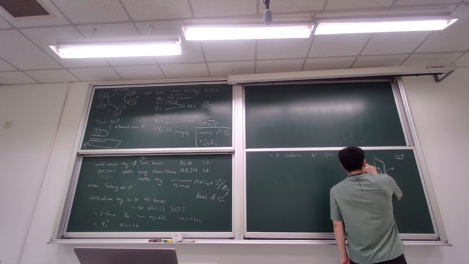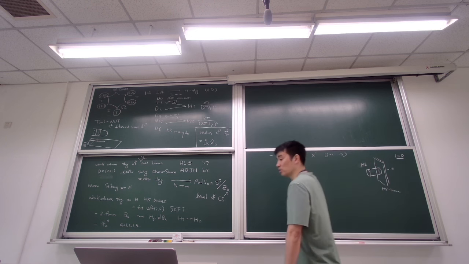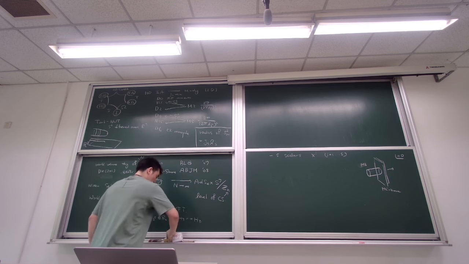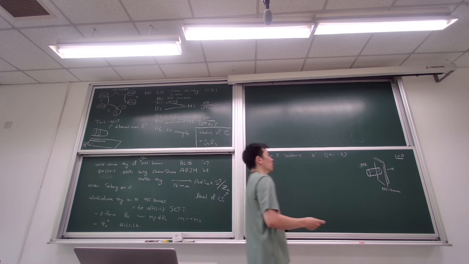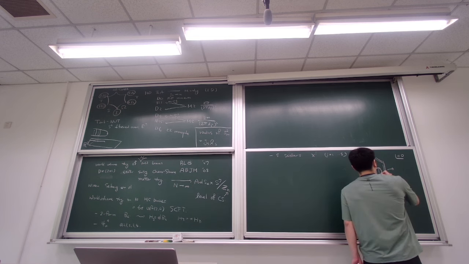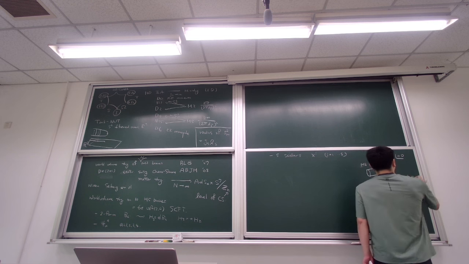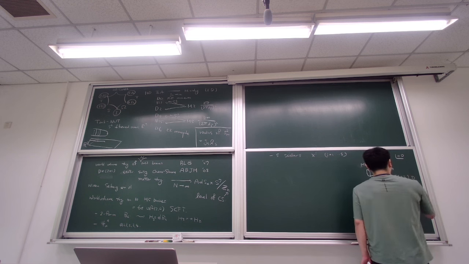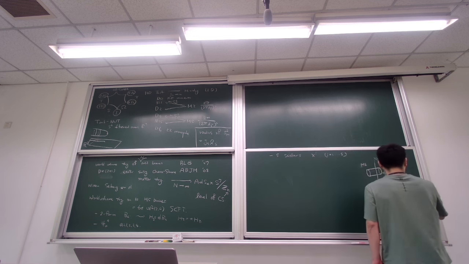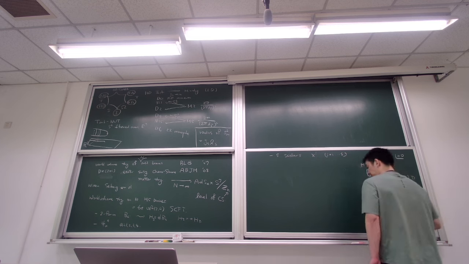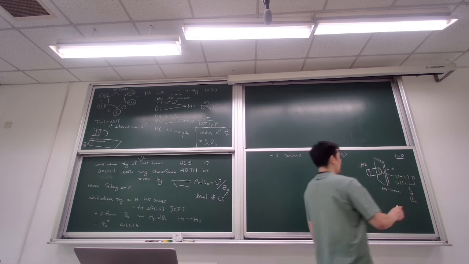The M2 brane attachment is 1 plus 1 dimensional, and this is called a self-dual string, because that will create a B2 field.